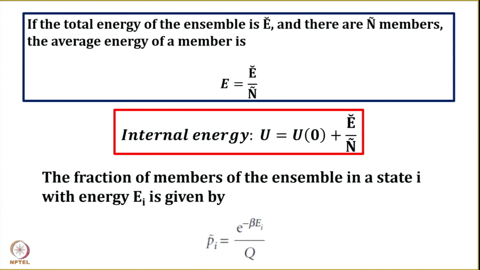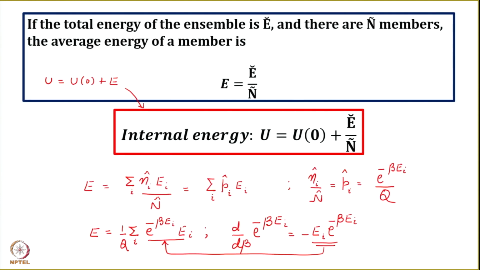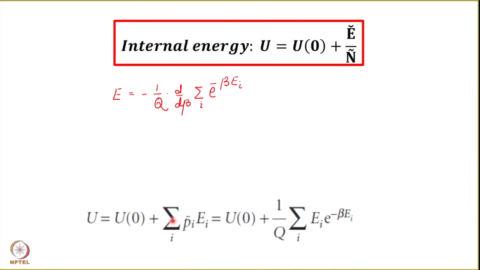This comes from when you substitute Ei into exponential minus beta Ei, this is basically minus of this derivative, and when you put this minus of this derivative into this, it results into this expression.